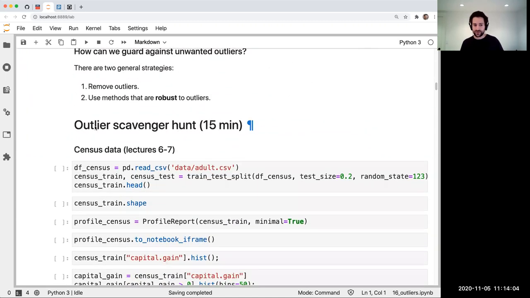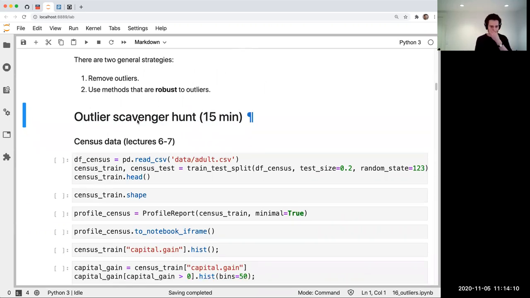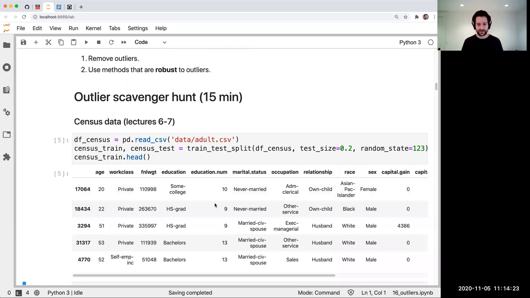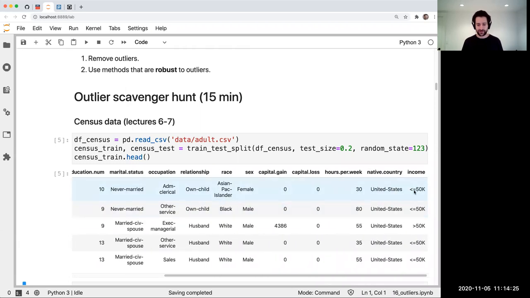Okay, so what we're going to do next is what I'm calling the outlier scavenger hunt. I'm just going to pull up some data sets we've looked at earlier in the course and see if we find outliers. If you recall the census data set, from lecture 6 and 7, we were trying to predict whether the target variable was the higher income level or the lower income level.